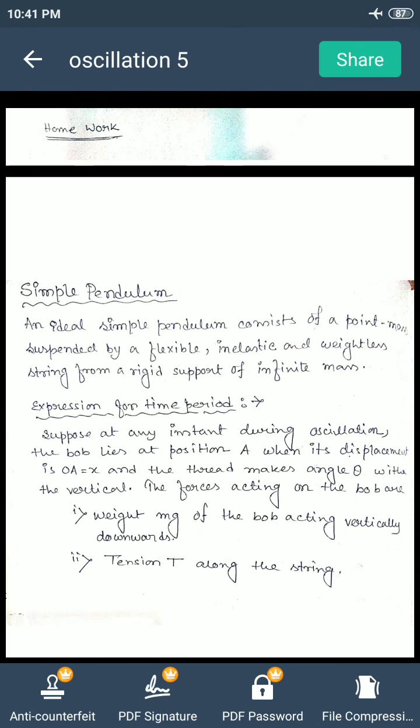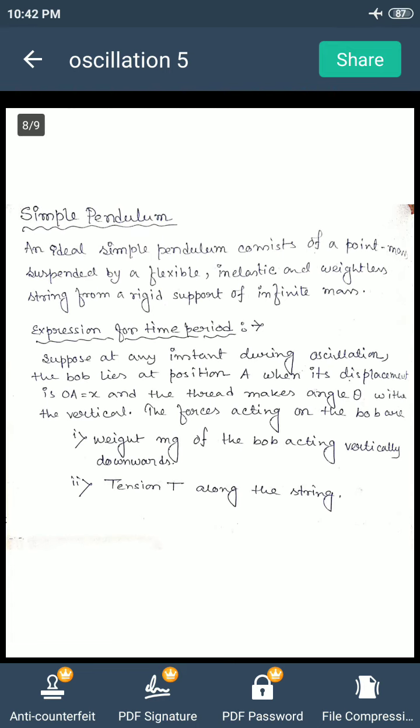Now we talk about the simple pendulum. We know the definition of simple pendulum; you also studied it in class 8 and class 9. So what is a simple pendulum? It consists of a point mass suspended by a flexible, inelastic, weightless string from a rigid support of infinite mass.